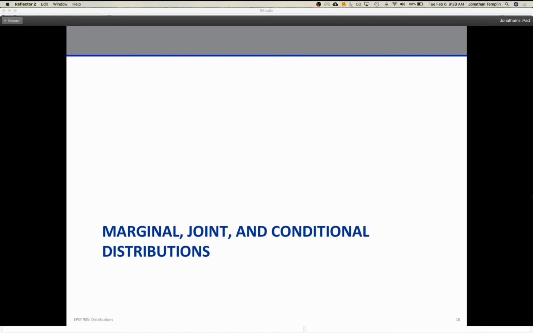Okay, those are some examples of continuous distributions. Let's talk a little bit about marginal, joint, and conditional distributions. These are an important topic because characterizing results is done a little bit differently when we talk about marginal, joint, and conditional.